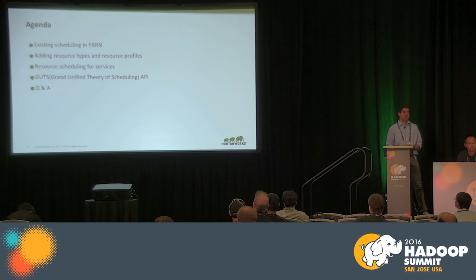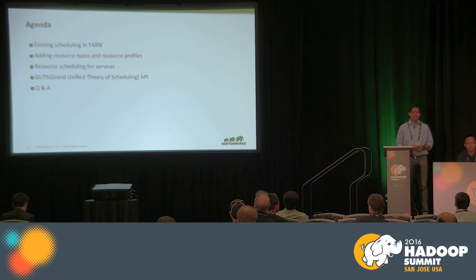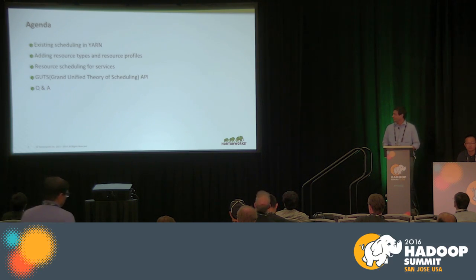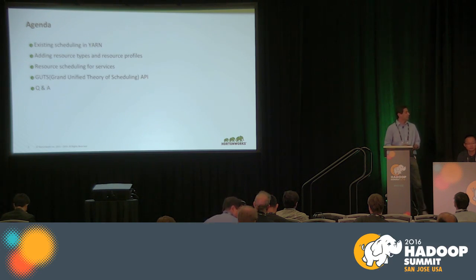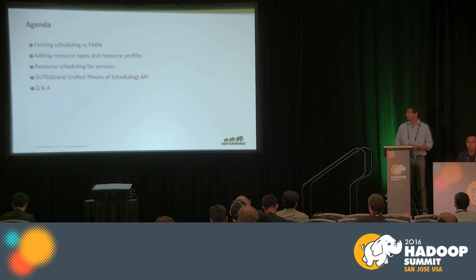If you've seen the keynote demo or attended Vinod's talk earlier, you'll get an idea of where all this stuff is needed and where it fits into the bigger picture. We also have a section on the GUTS API, the Grand Unified Theory of Scheduling. This is some future work about what we'd like to do going forward and how we feel the actual scheduling APIs are going to evolve. And then Q&A at the end.